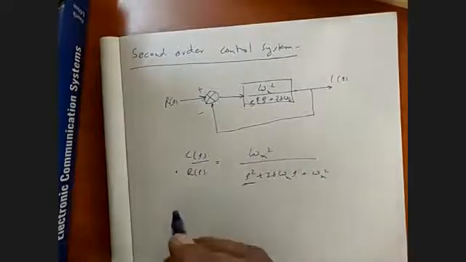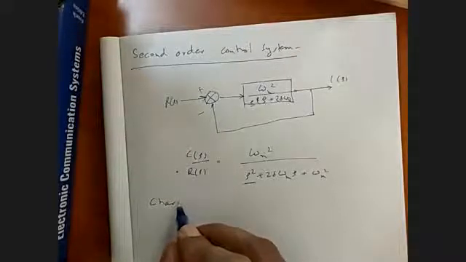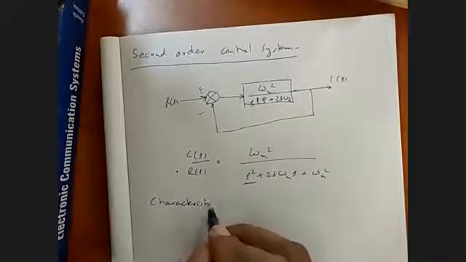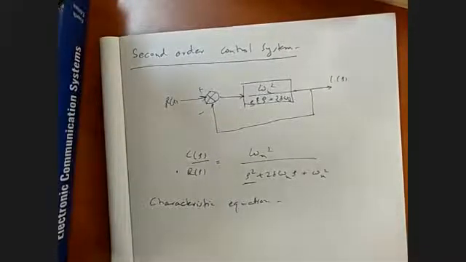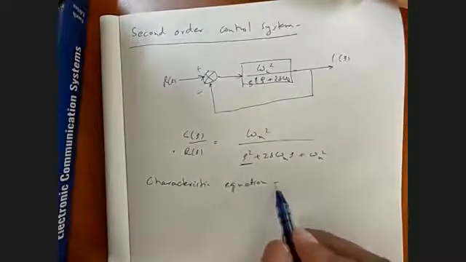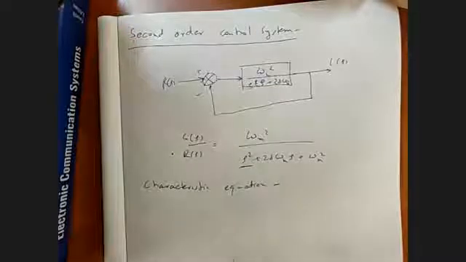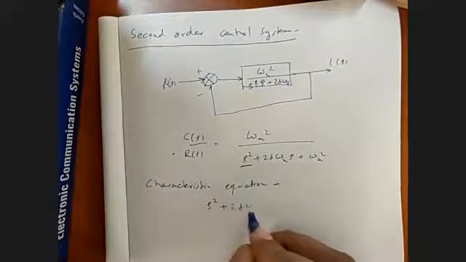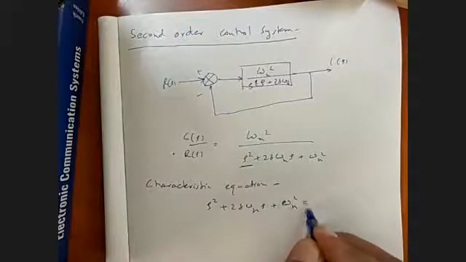The characteristic equation of this: as we studied, the characteristic equation of any transfer function is the denominator equal to 0. So the characteristic equation will become s square plus 2 delta omega n s plus omega n square equal to 0.